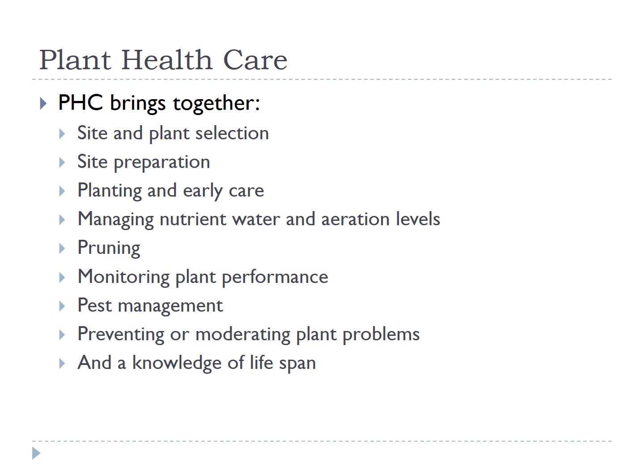It includes pest management, preventing or moderating plant problems, and as well, you have to have a knowledge of the lifespan of the plant and the potential problems that they're dealing with. And so it's really more than just having an understanding of what the problems are and how they might affect the plant in the landscape, because we have all these other things that come into play when we deal with woody plants and trees in the landscape.